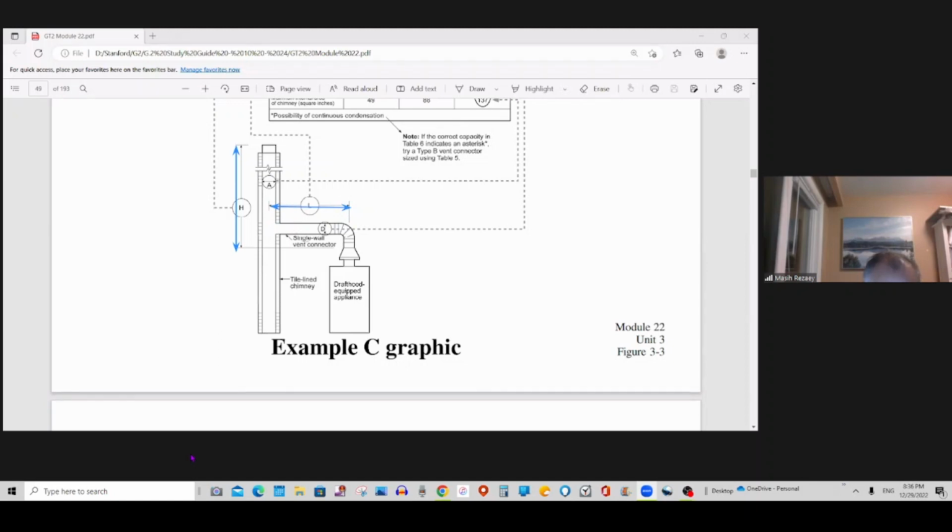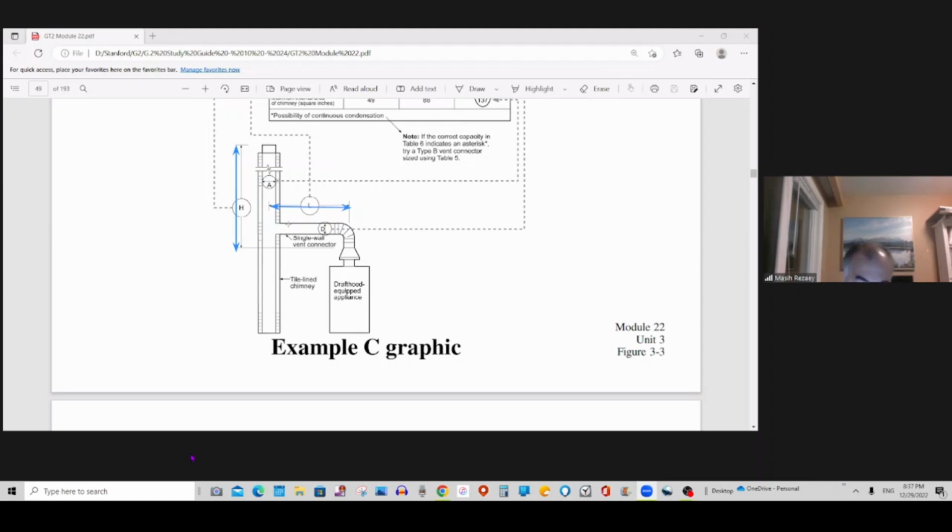Here is single wall, and we have the B vent connector double wall too. Now, height is 15, lateral is 2, H equals 15, L equals 2, and we have an 8 by 8 chimney with 80,000 BTU.